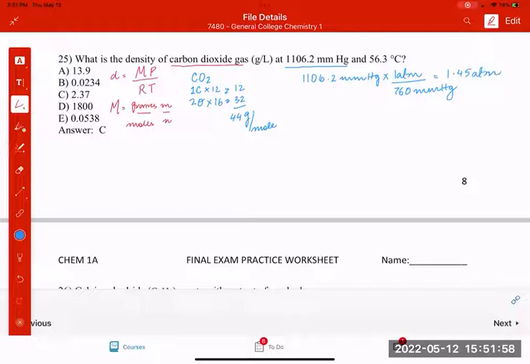The temperature is 56.3 degrees Celsius plus 273, and that is 329.3 K.